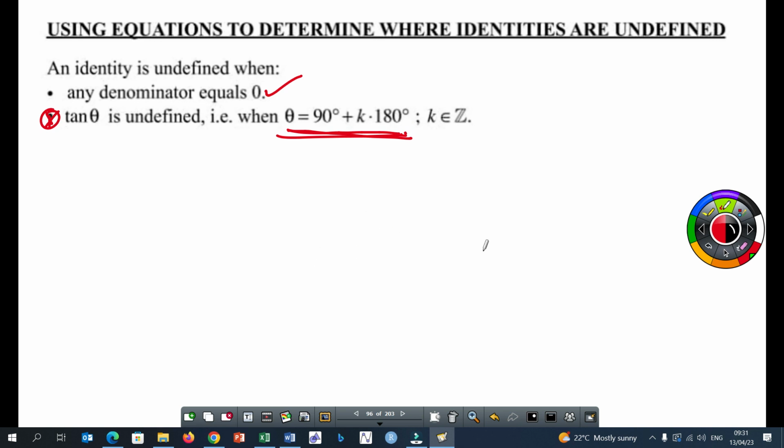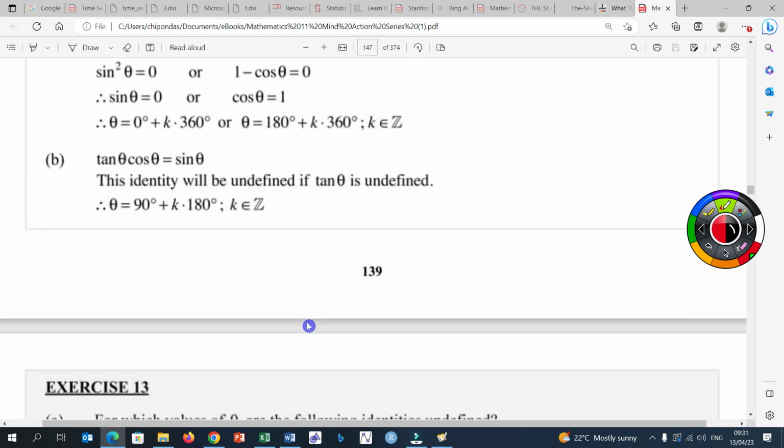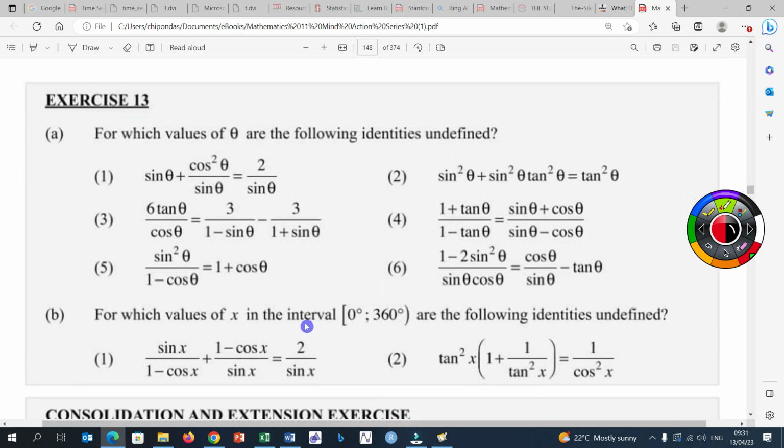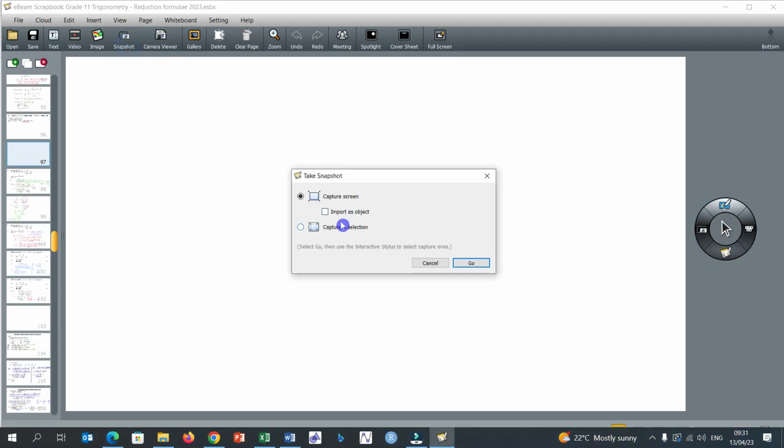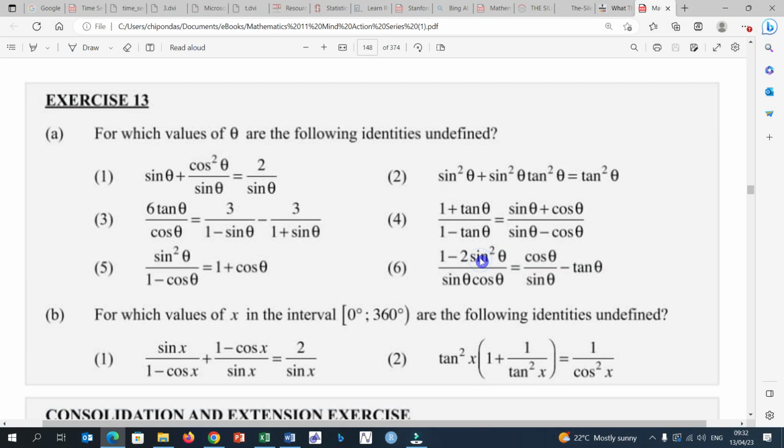You can understand it better if I do an example. Please be aware that this part is still under the general solution.